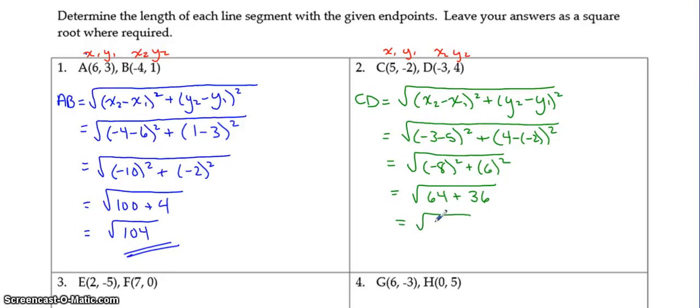And 64 plus 36 is 100. Now, since we are able to take the square root of 100 without getting a decimal, you can write that as 10, because the square root of 100 is 10. So if you can take the square root without a decimal, do so. Otherwise, just leave it as a square root.